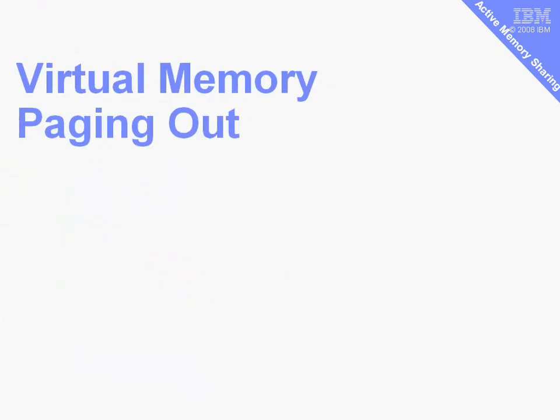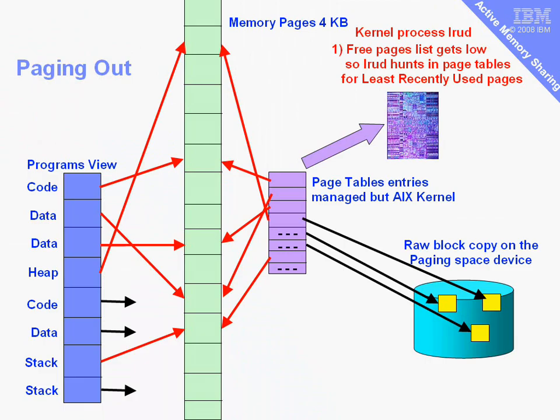Now let's look at the opposite case of paging out. Of course, if we carry on paging in, we end up with all of memory allocated and we can't bring any more in. So something has to actually get these memory pages back out onto the disk, so we maintain this free list so we can grab them when we need to. In this case, the work is done by a kernel process called LRUD, least recently used daemon.